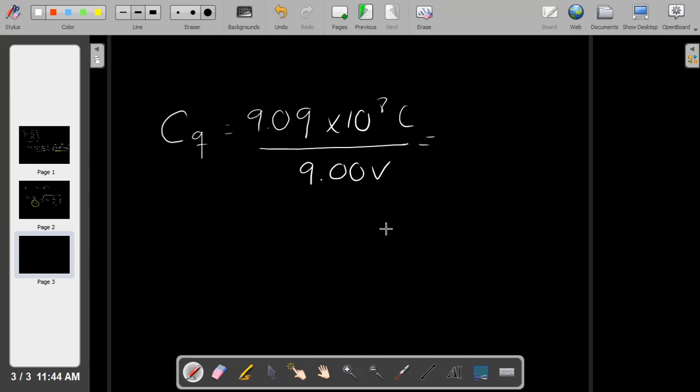So you have everything you need. Just put it in your calculator to get that 1.01 times 10 to the 8 farad. I'm going to put it in yellow, but this is the answer. So if you didn't get this, probably you're doing something wrong with your calculator.